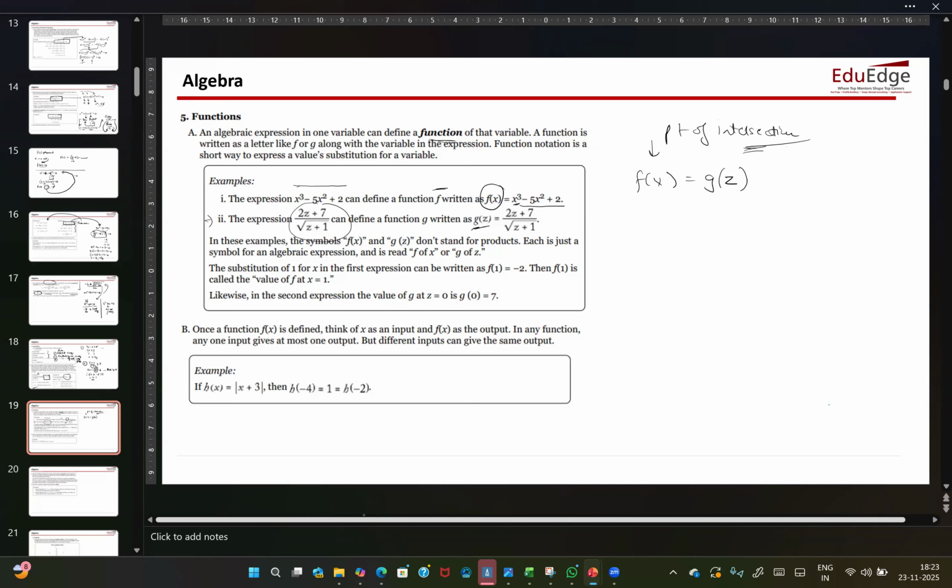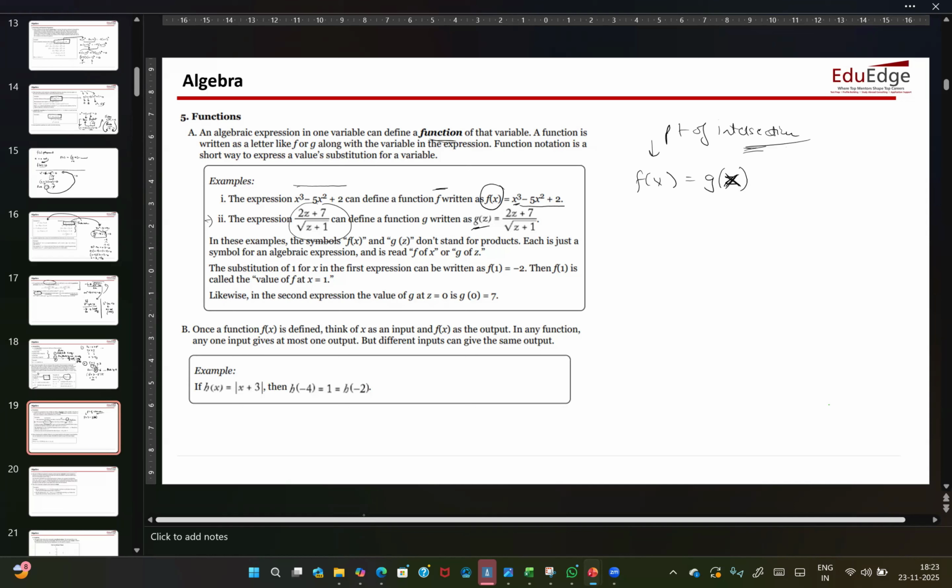So you have f of x and you have g of x. And if you want to find the point of intersection, then you put f of x is equal to g of x, and you will find the point of intersection. Make sense? I mean, I would just solve the equations, or same thing.